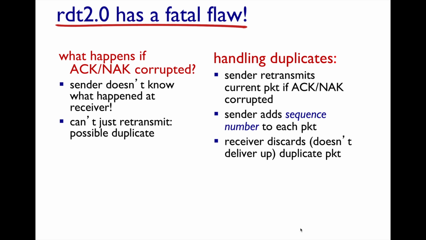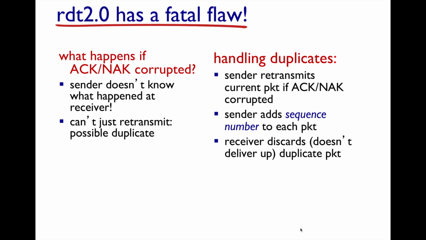A sequence number is a number, right? And we know that numbers can increase, like 0, 1, 2, 3. What this number is going to connote is the next packet that I should be getting, right?